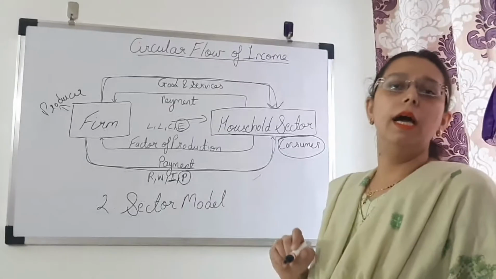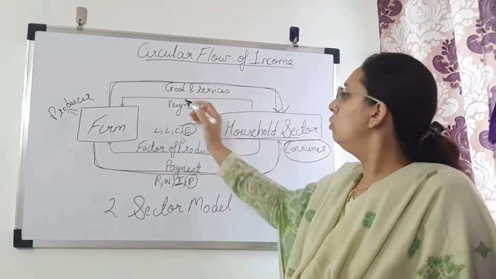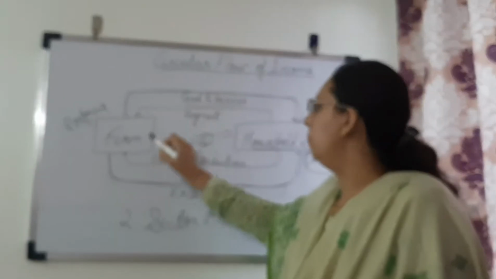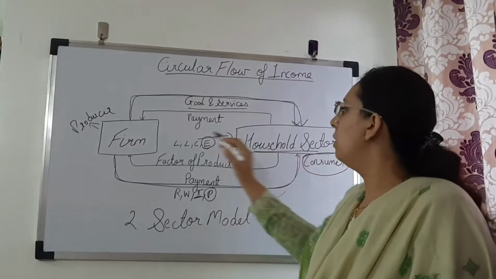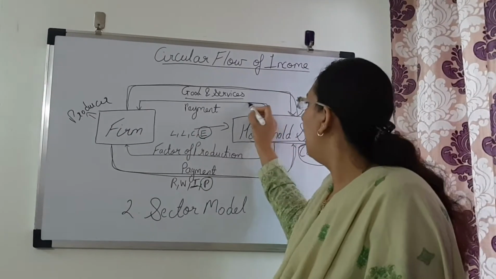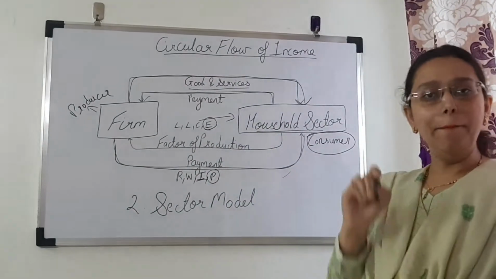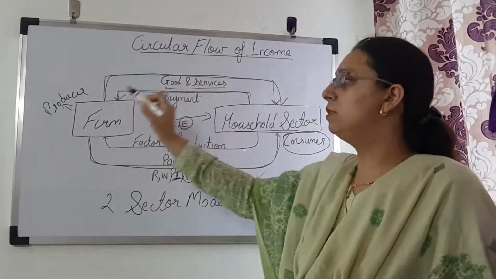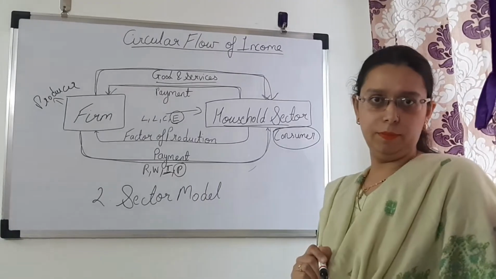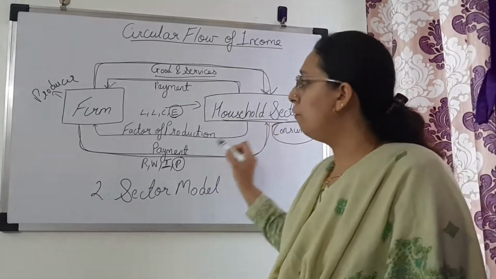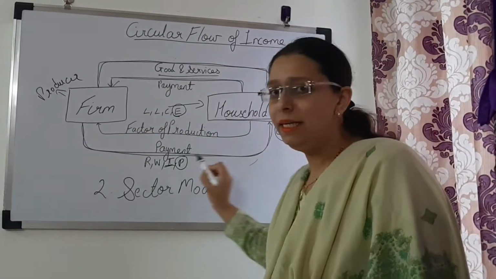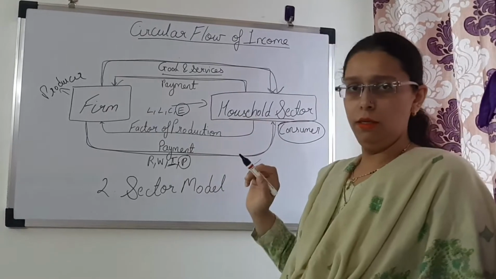It can be any good and services. So it's made by firm and then it's purchased by household, that is consumer, and consumer make payment for that goods and services. Right? So there is a flow of money in this.